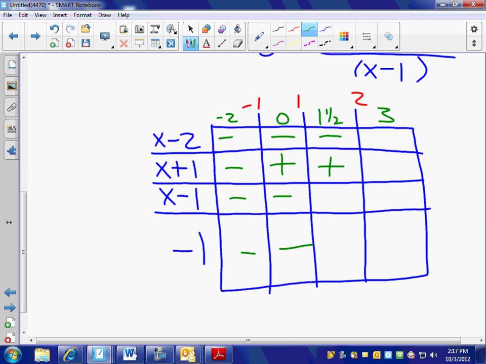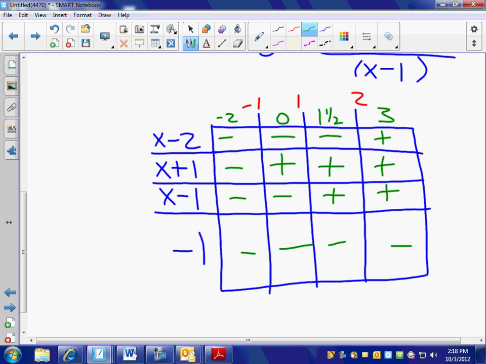Positive. 1.5 minus 1? Positive. And -1 is always negative. I do my last one. 3 minus 2? Positive. 3 plus 1? Positive. 3 minus 1? Positive. And -1 is always negative.